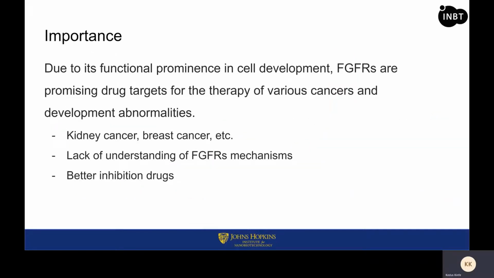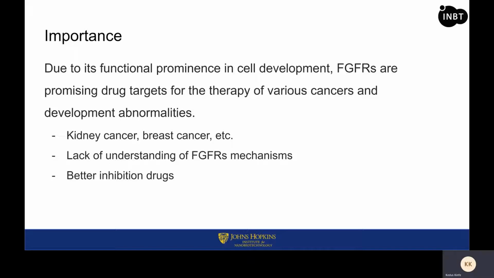So, because of RTK's significant role in cellular development, their inhibition has been identified as a target for crucial drug therapy of some select cancers, such as kidney cancer, breast cancer, and other growth disorders such as dwarfism.